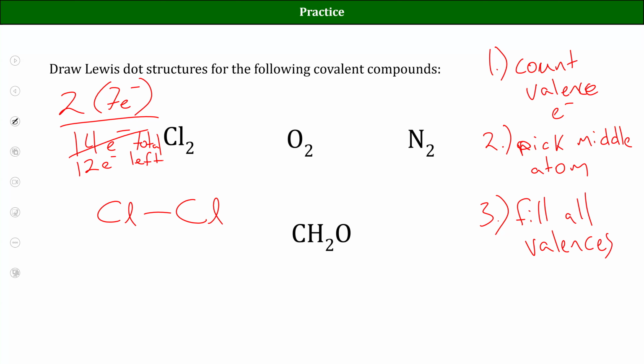How many does the left-hand chlorine still need? 6. Needs 3 pairs, so a total of 6 more electrons, right? Six electrons left. How many does the right-hand chlorine still need? Also 6. When it's a nice symmetrical molecule, that kind of helps things sometimes, right?